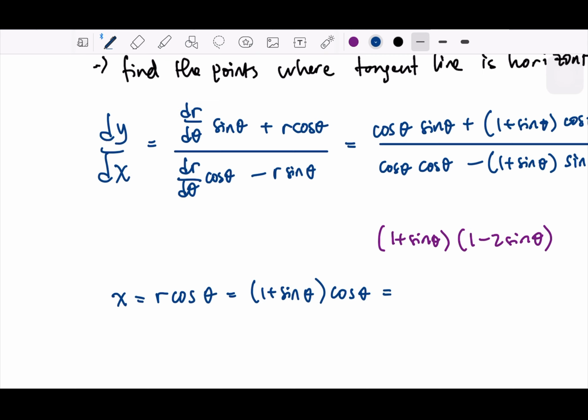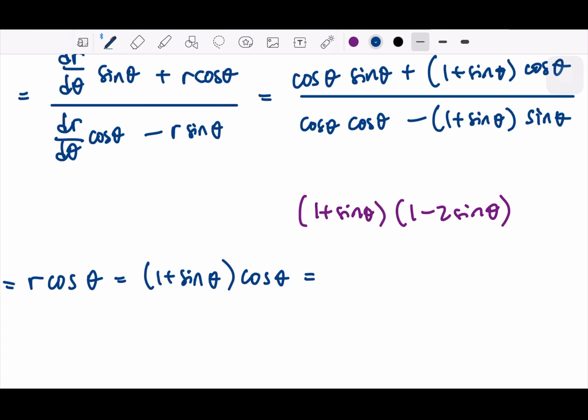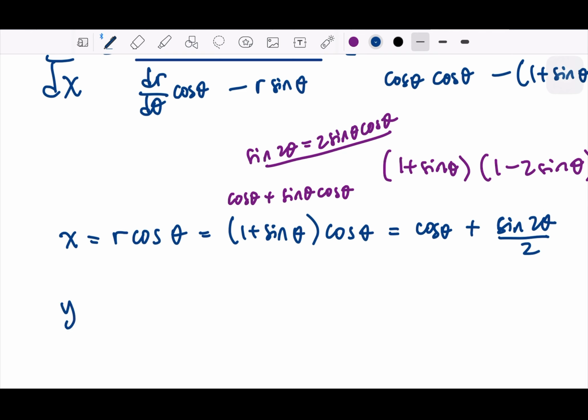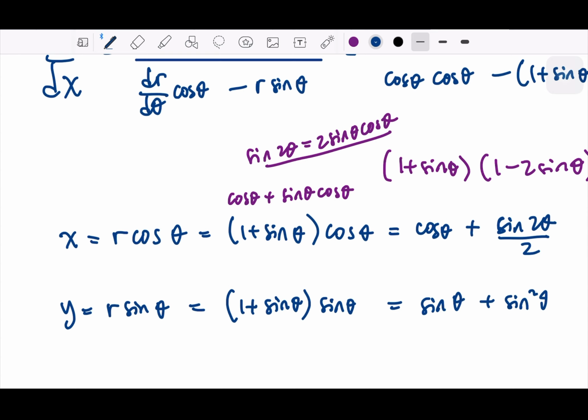We can simplify: x will be cos theta plus sine 2 theta over 2, which is cos theta plus sine theta cos theta, where sine 2 theta is 2 sine theta cos theta. And for y, we can write 1 plus sine theta times sine theta, which is sine theta plus sine squared theta. Okay?